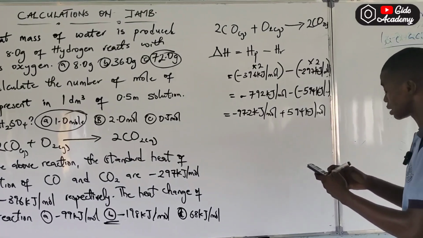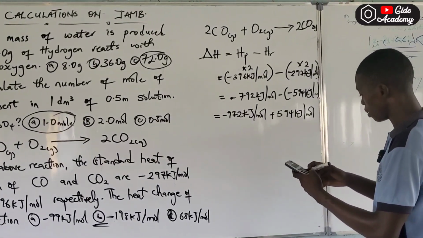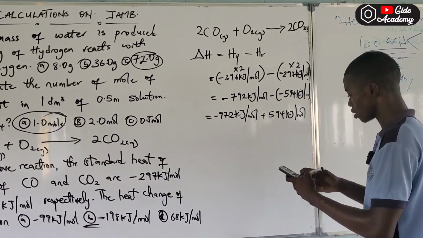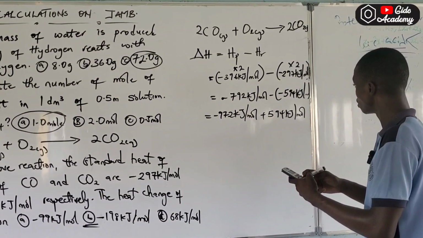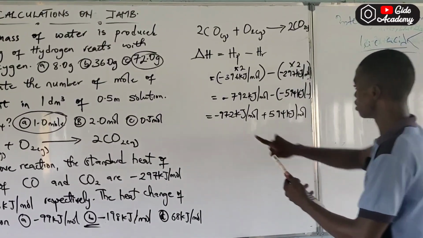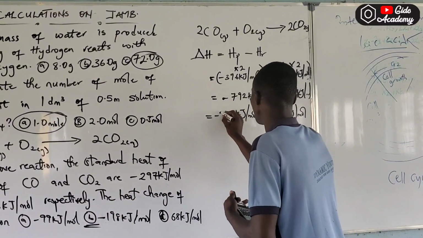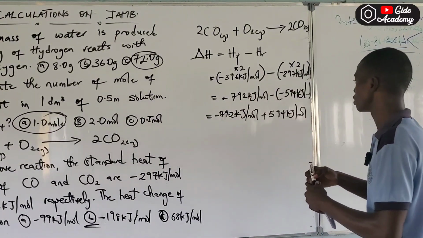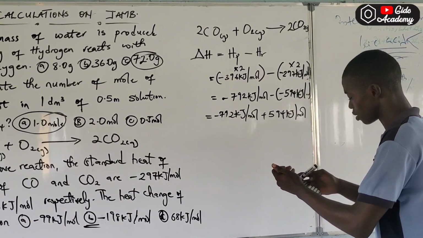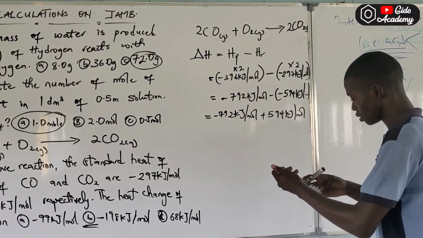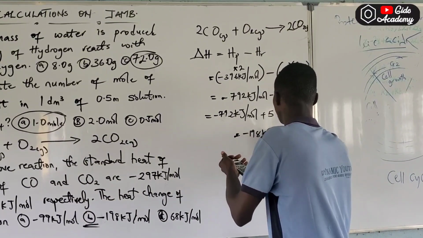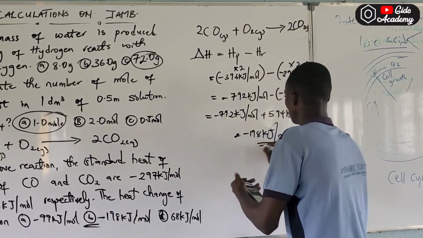So if you punch your calculator, minus 792 plus 594 is equal to minus 198 kilojoule per mole.